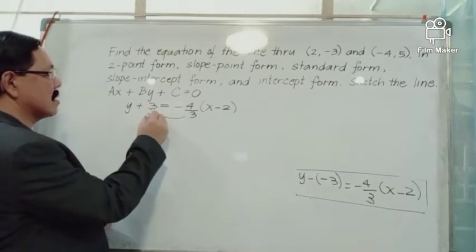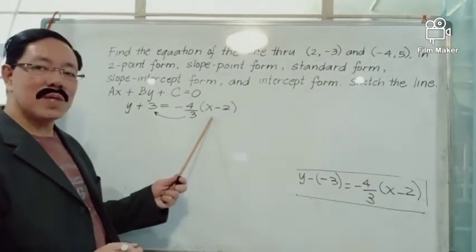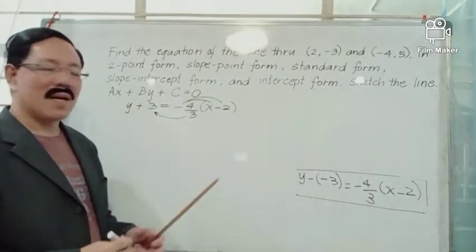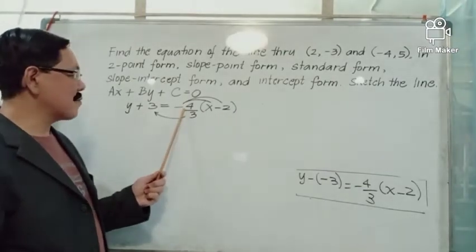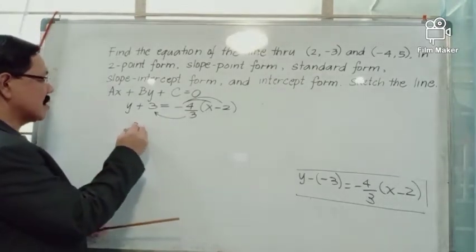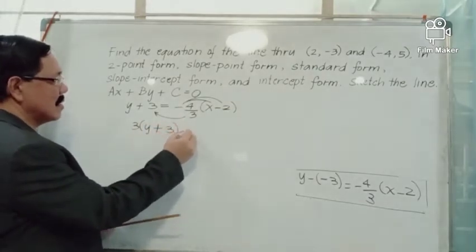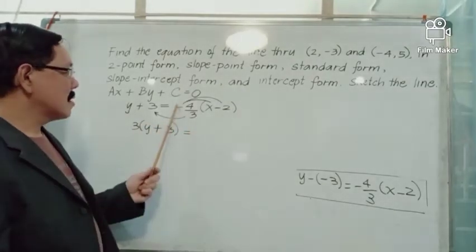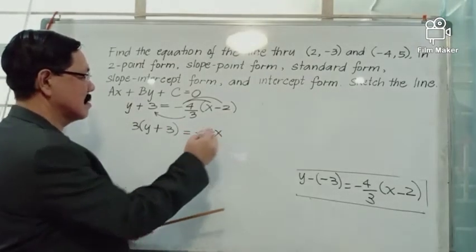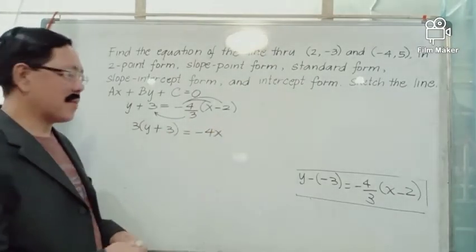We multiply the left-hand side by 3, and from the right-hand side we distribute -4. That is, we multiply x and -2 by -4. And the left-hand side we multiply by 3. We have 3 multiplied by y plus 3 equals -4 by x is -4x, -4 by -2 is positive 8.